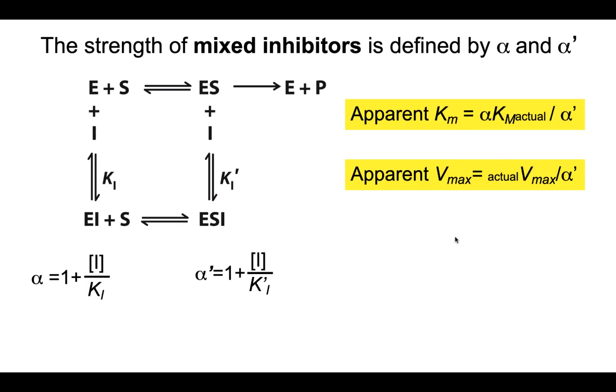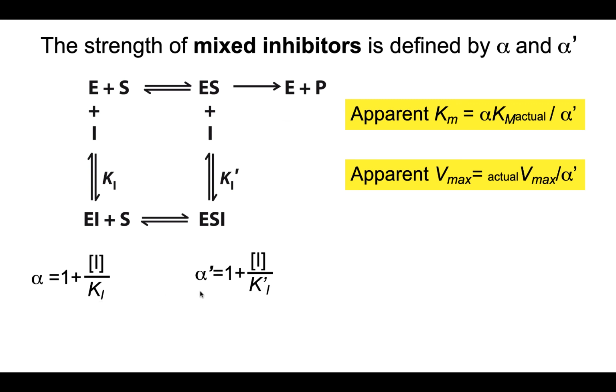Now, the strength of mixed inhibitors is defined by both alpha and alpha prime. Alpha takes into account the inhibitor's affinity for just the enzyme, so Ki: alpha equals 1 plus the concentration of the inhibitor over Ki.